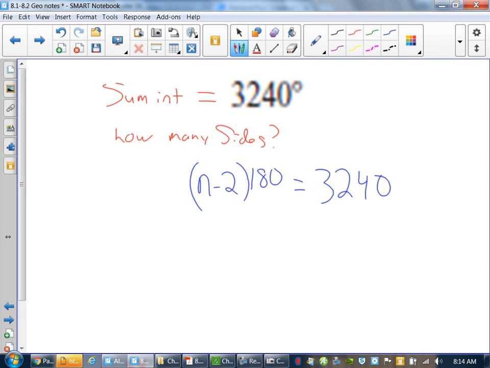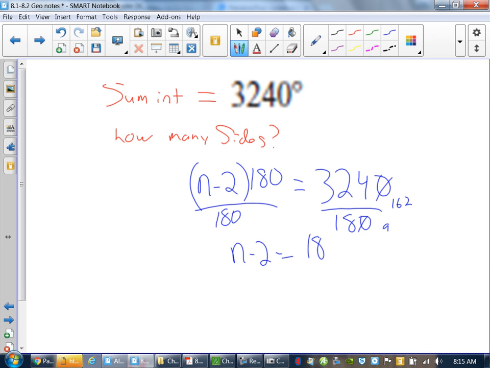Two-step equation. How do you undo multiplication? So divide by 180. And then what's that? 18.